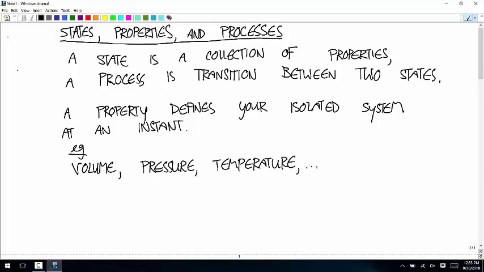Put all of those things together, and there's infinitely many of those things. You could describe its color, its whatever. You could think of a lot of ways to describe it, but all of those together describe the state that it's in.